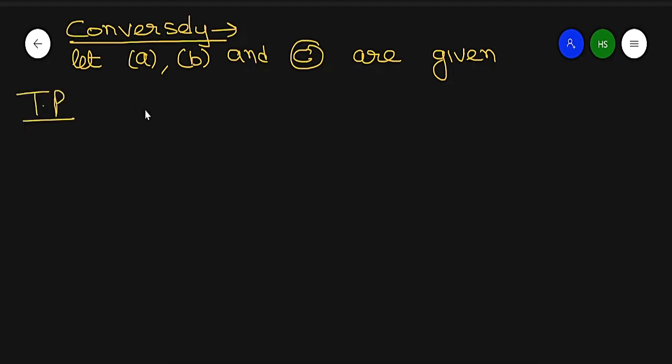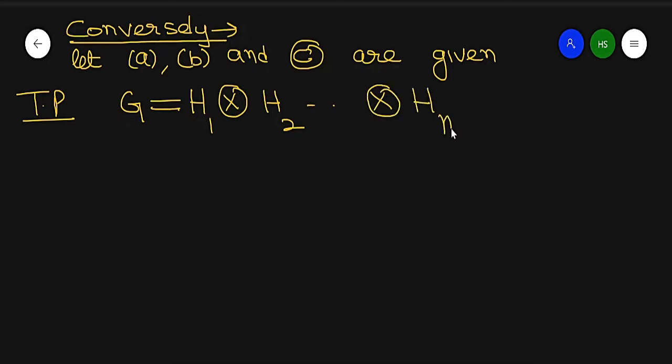So to prove G is equal to H1 direct product H2 and so on up to Hn, right? So we want to prove that. We have two ways. One is that every element of G can be written as the product of these, and second, for i not equal to j, an element from this commutes with an element from that.